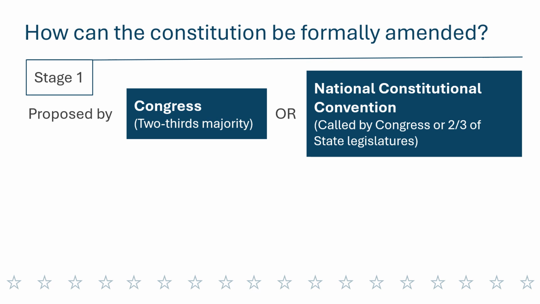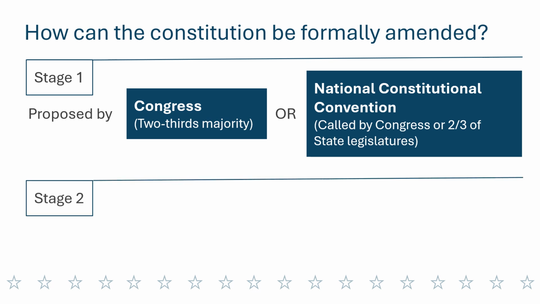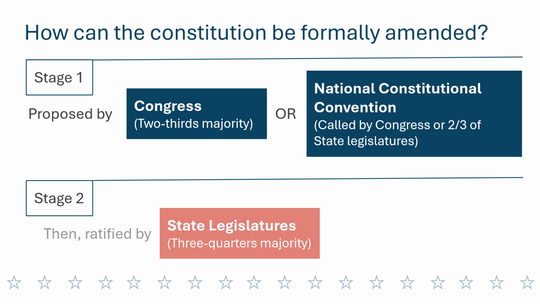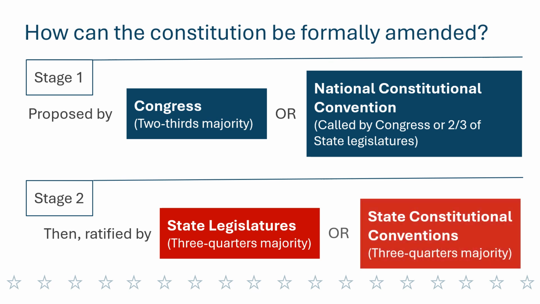A proposed amendment must then be ratified by the states. This can be done in one of two methods. Firstly, 3/4 of state legislatures can ratify the amendment. This must normally be done by a deadline. Or a second possible method is for state constitutional conventions to convene. 3/4 of these state conventions must then ratify the amendment.